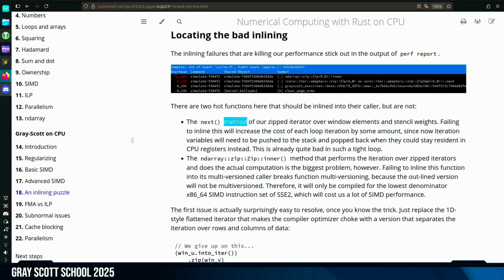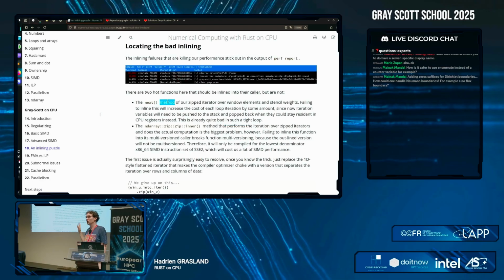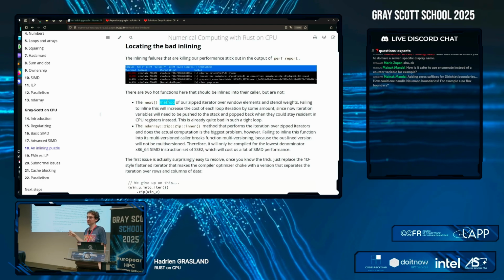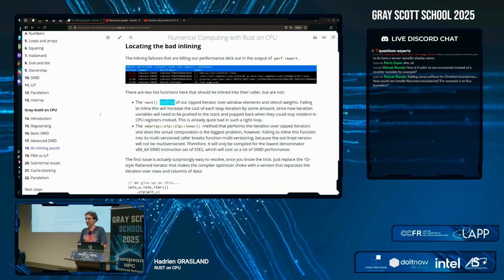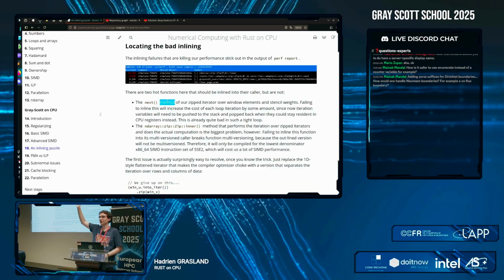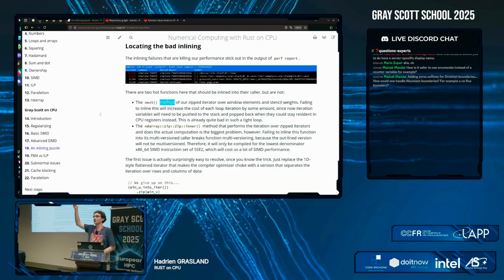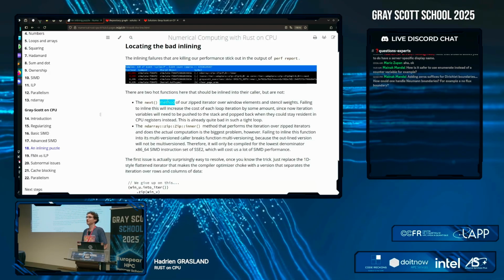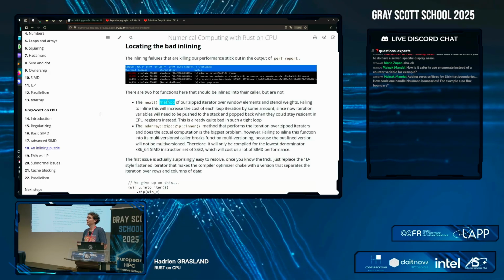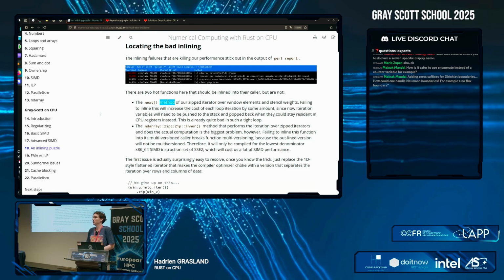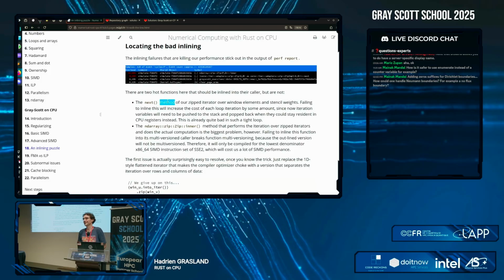And for some reason, the compiler doesn't manage to figure out that this is worth optimizing. If you take your magic expert wand now and you start saying, no, I'm going to do a 2-pass loop, 1 over rows and 1 over columns, then the compiler can figure it out and you get the inlining you want. As I said, very unsatisfying, but you know, sometimes the sausage has to get made.